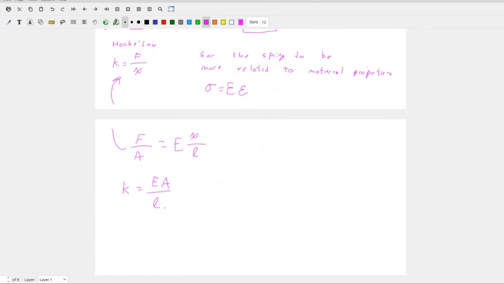So E is our Young's modulus. Let's say it's aluminum, right? So aluminum's 69 gigapascals, I think, or 6.9. Area, length, those are things we can measure. Right? Pretty simple.